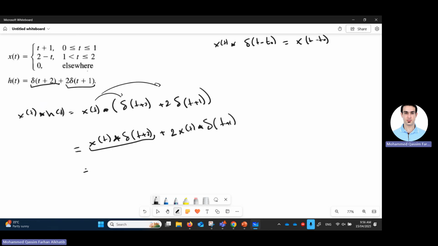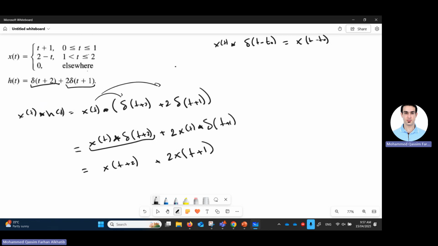All right, the result of this convolution is going to be x of t plus 2 plus 2x of t plus 1. Okay? So here I'm shifting x by 2 to the left. I'm shifting x by 1 to the left and scaling by 2. All right, so I got the key facts of my function. Now, how does this function look in plotting?